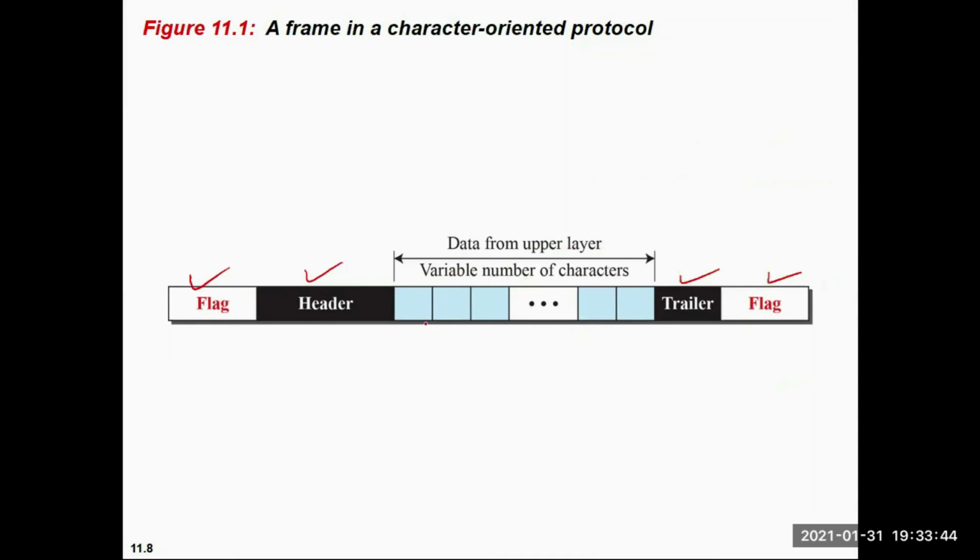In character-oriented framing, we need to remember that this flag will initiate the frame. After receiving the flag, the header is there, and after the header our data is there, and at last a flag will be there which will end this whole frame.